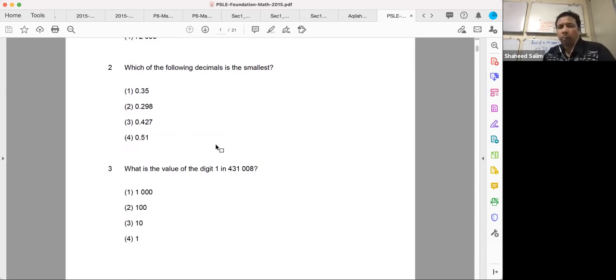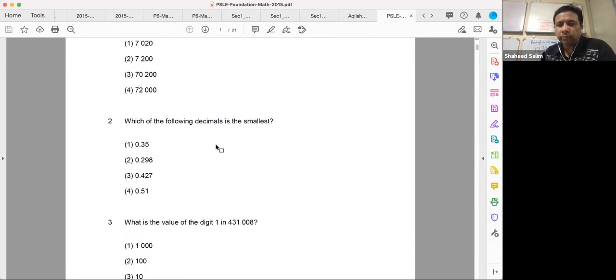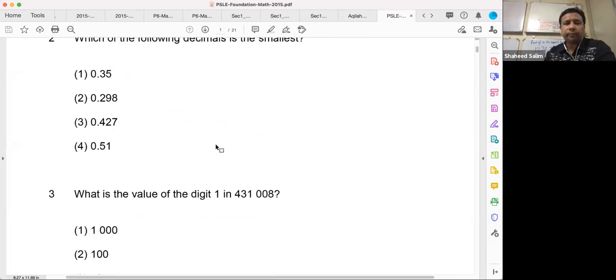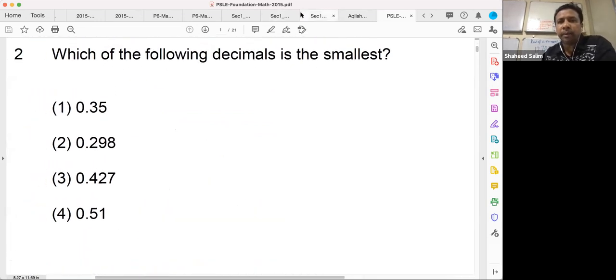Your answer is 3, is it? Not 3. In order to know this one, it is very simple. Make sure that all of them, the longest number has 3 digits. So add and make it 3 digits. So which one is the smallest now? Now you can see clearly.